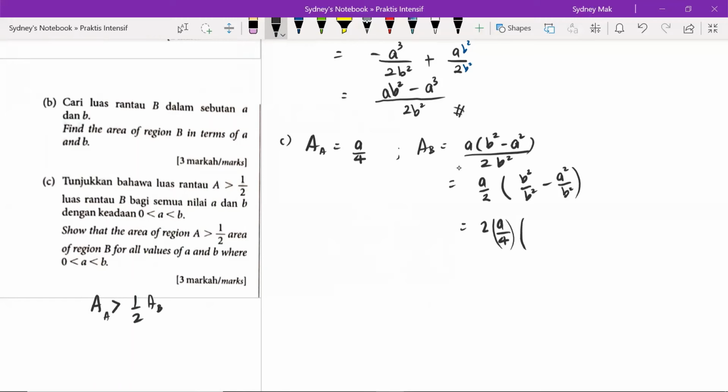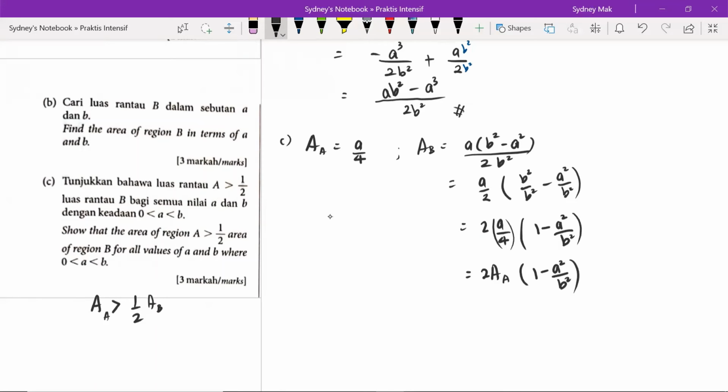Inside the bracket, we simplify and have 1 minus a squared over b squared. Isn't it that a over 4 is the area of region A? So 2 times the area of region A, and then 1 minus a squared over b squared.